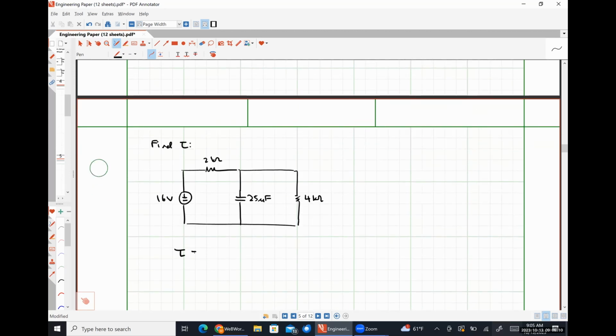Tau for an RC circuit is REQ times CEQ. What's CEQ? 25 microfarads. All right, to find REQ, we would take our capacitor out and look at a dead network. So we have 2 in parallel with 4. Right, so that's going to be 8/6 or 4/3 of a kilo.